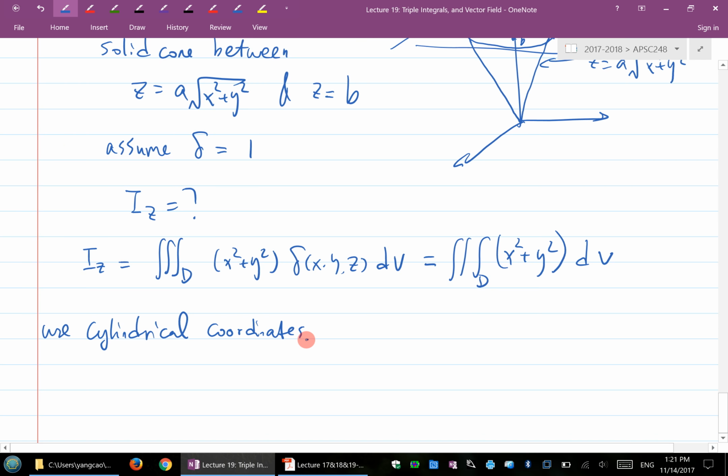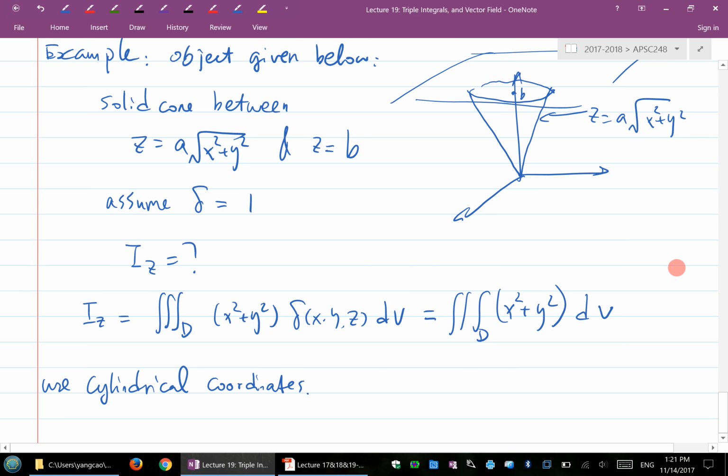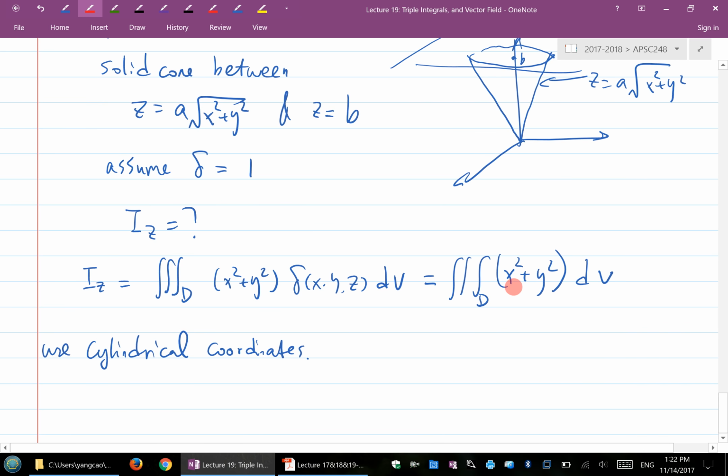So we're going to use cylindrical coordinates to evaluate this triple integral. Now you have to jog your mind. If I want to use cylindrical, what's the typical procedure? Basically, we have to replace x and y with r, theta, z. And you're also going to have to replace the dV.